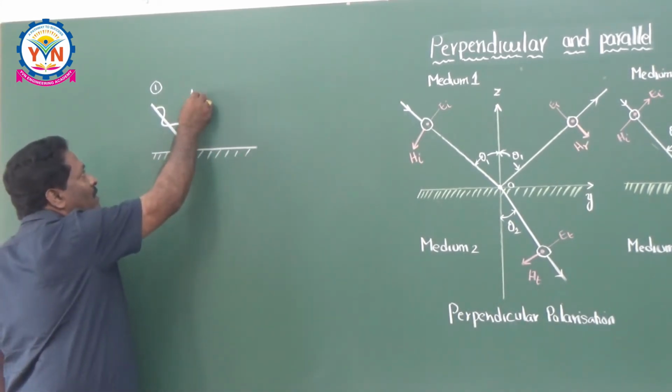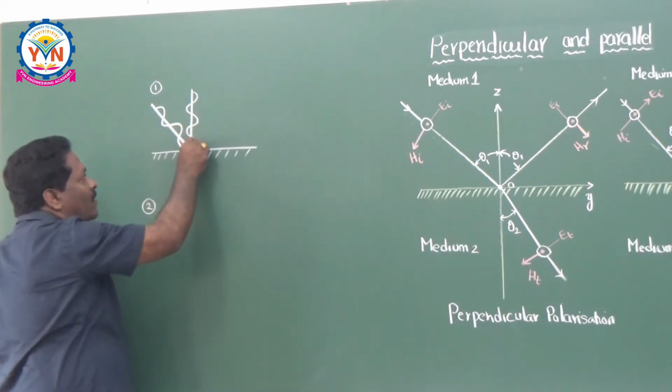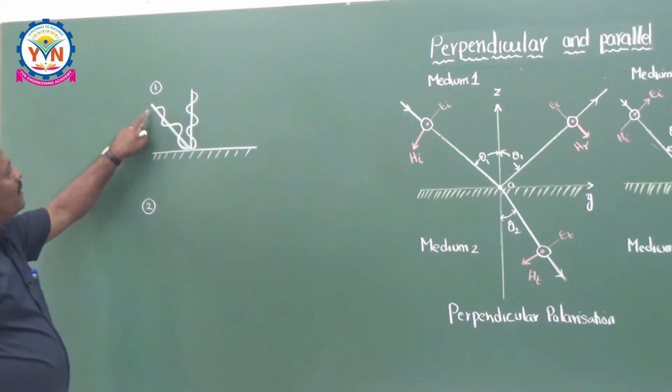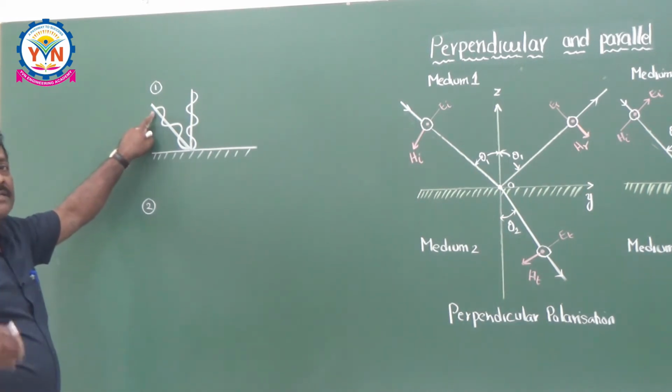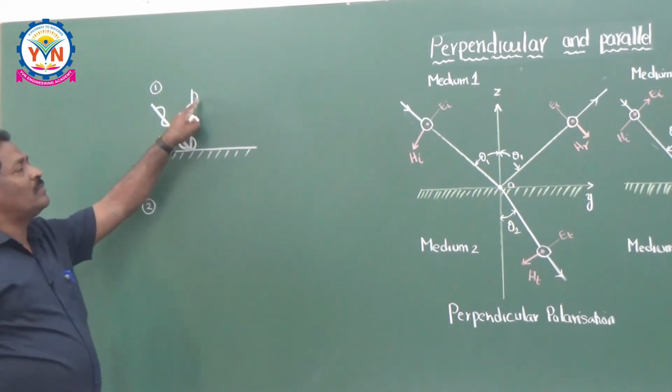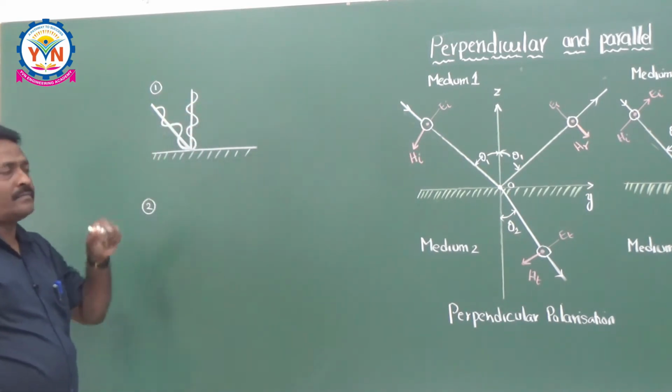Other than normal, if the wave is coming at an angle, it is called oblique incidence. Practically, in all communications, the wave is always propagating between two boundaries.